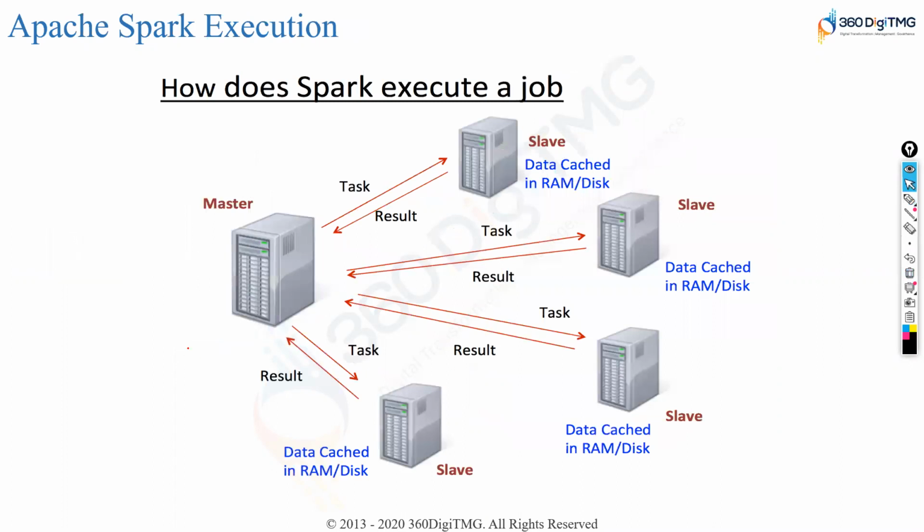So the master is responsible to send the task to the slave nodes, that is your worker nodes. And these worker nodes, once the processing is done, send back the results to the master. For the first time, the data will be on the hard disk, and later on it is moved to memory. Yeah, so that's basically your Spark.